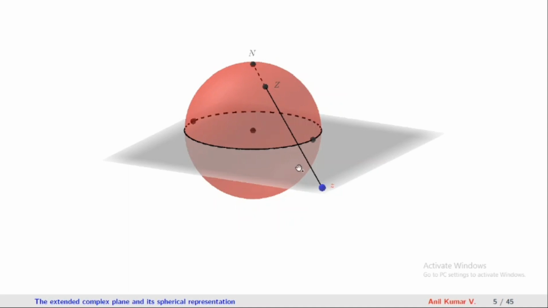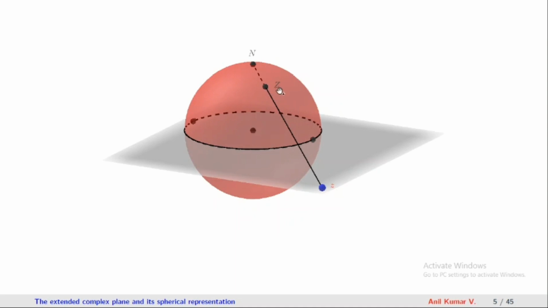And consider a line in R3 passing through the points N and Z. Observe that this line cuts the sphere in a unique point, capital Z. That is, this line intersects the sphere in a unique point.